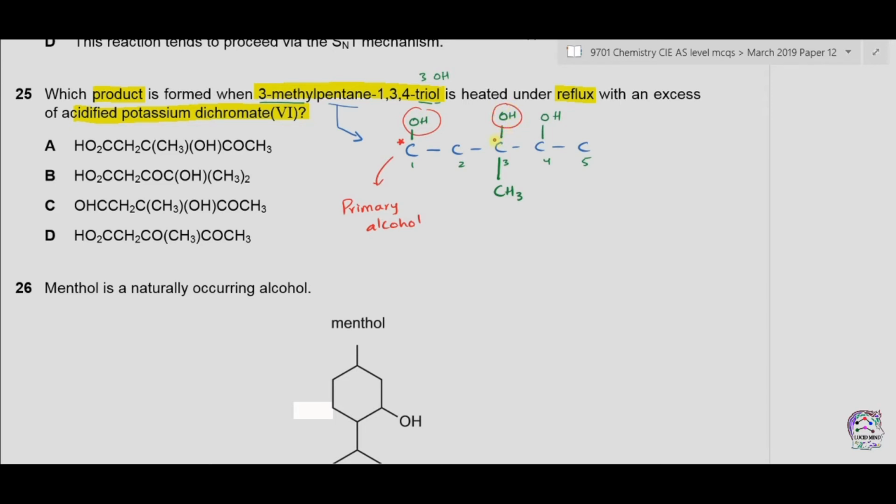Second alcohol is the one in which OH is attached with this carbon and this carbon is further attached with 3 other carbon atoms directly. So this is tertiary alcohol. The third alcohol is attached with this carbon, which is directly attached with 2 other carbon atoms, so it is secondary alcohol group.